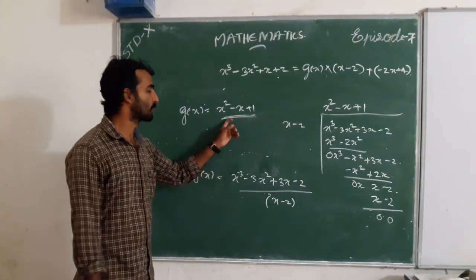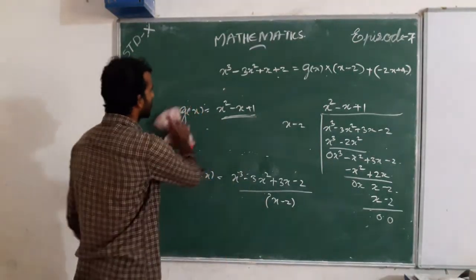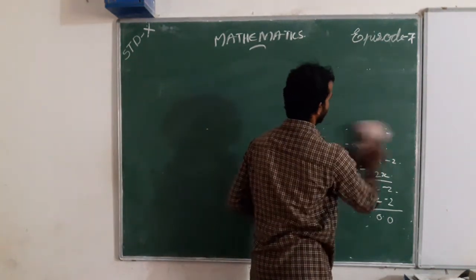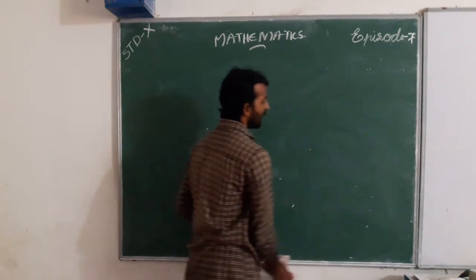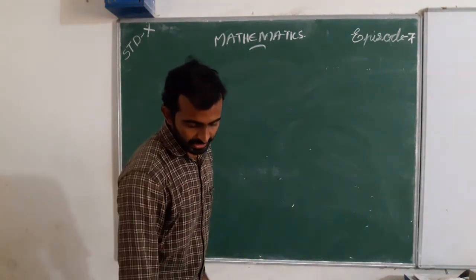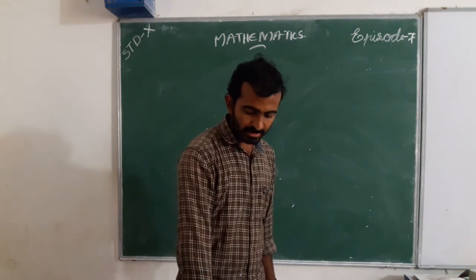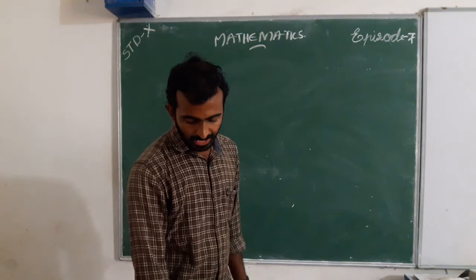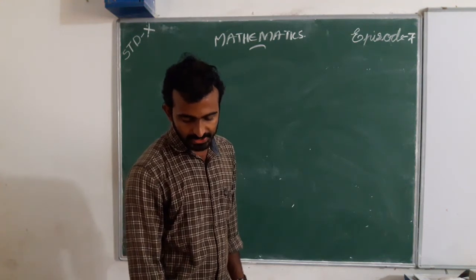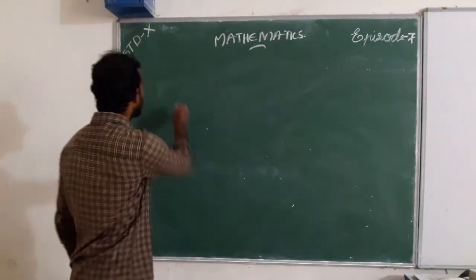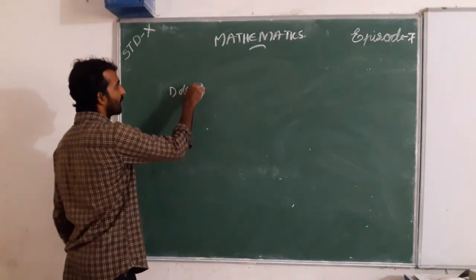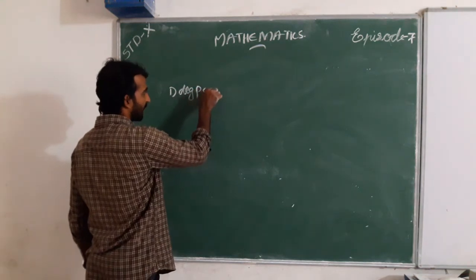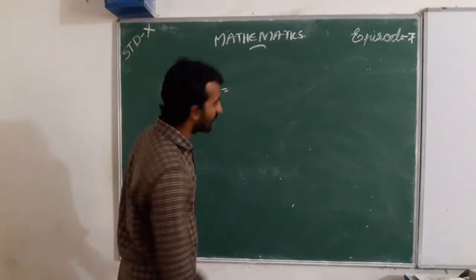This is our solution. And the next question is the fifth question. What is the fifth question? Give examples of polynomials p of x and g of x, q of x and r of x which satisfy the division algorithm, and the first one is degree of p of x equal to degree of q of x.